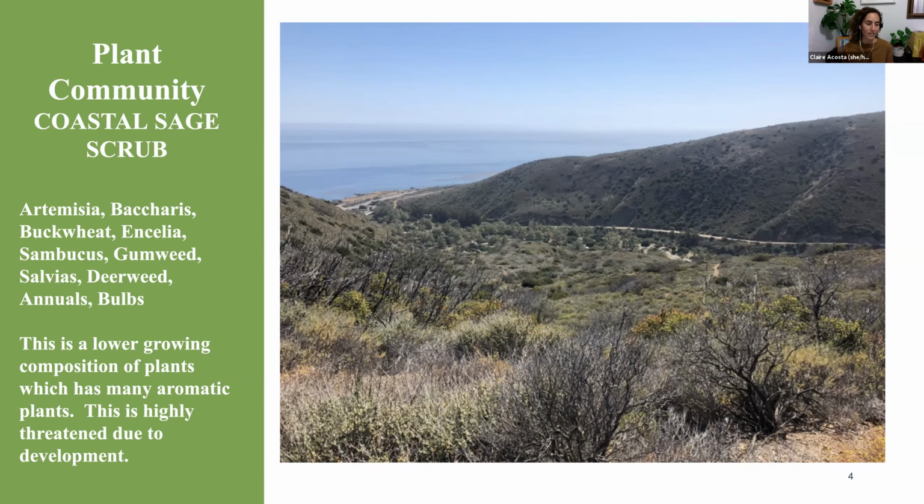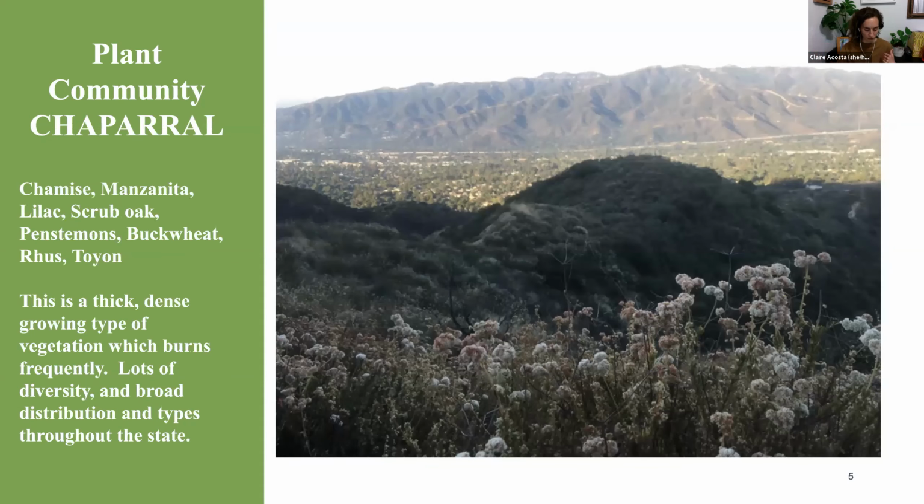And they are very threatened due to development, because obviously humans love to build homes and make developments along the coast. So it is a very threatened community. Some of the members would be Artemisia, which is very fragrant, Baccharis, buckwheat, Encelia, Sambucus, gumweed, salvias, another smelly one, and deerweed. A mix of all of them is going to have a mix of annuals and bulbs usually, but that's a general composite of the coastal sage scrub.